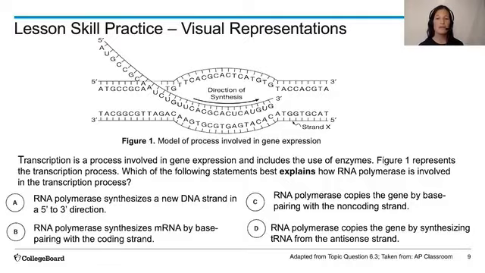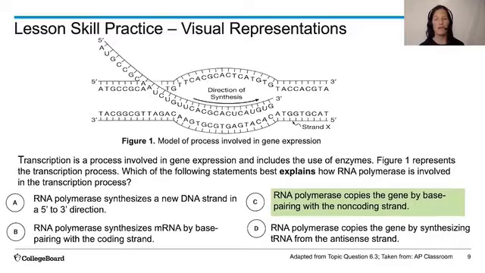Which of the following statements best explains how RNA polymerase is involved in the transcription process? Hopefully you have C written down wherever you're taking notes. RNA polymerase's job is to copy the gene by base pairing with the non-coding strand. Hopefully you got that question right.